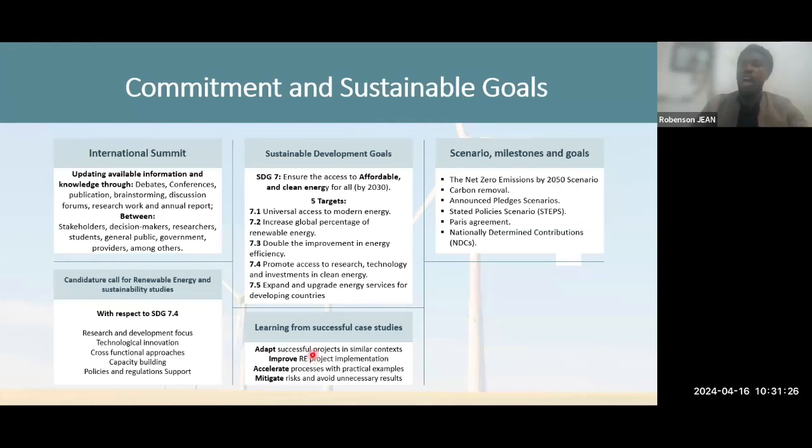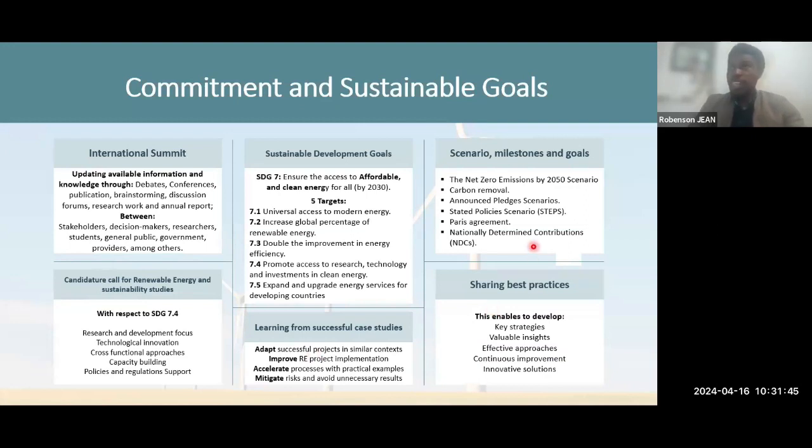So with this, you are going to accelerate the process with practical examples, and also mitigate risk and avoid unwanted costs, and avoid accidents, for instance. And lastly, we can see that sharing best practices is a good way to get committed, to get involved.